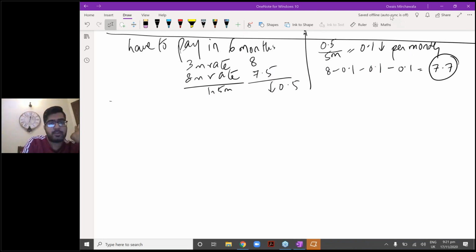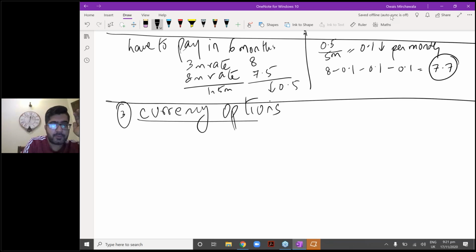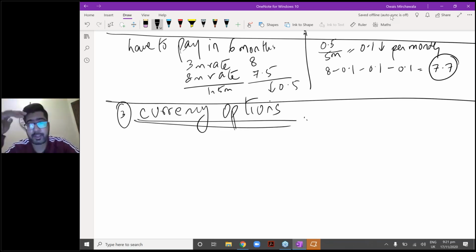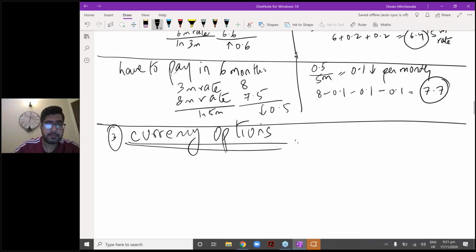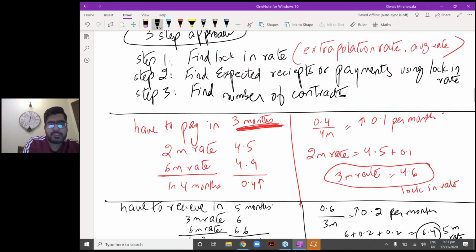Now let's copy some stuff from the third technique, currency options. I will explain this and futures. The first step was the lock-in rate. Now the second step, which you have to show in the exam, is to find the expected receipts or payments using this lock-in rate.